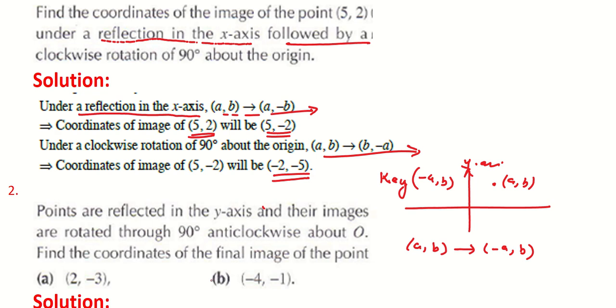So the point (2, -3), when we take the reflection in the y-axis, we change the sign of a. The value of a is 2, so it becomes -2, and b will remain as it is, -3. This is the reflection of the point in the y-axis.